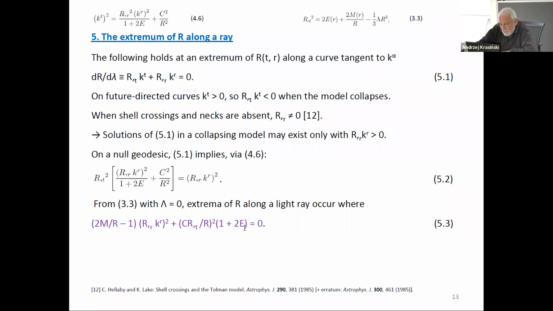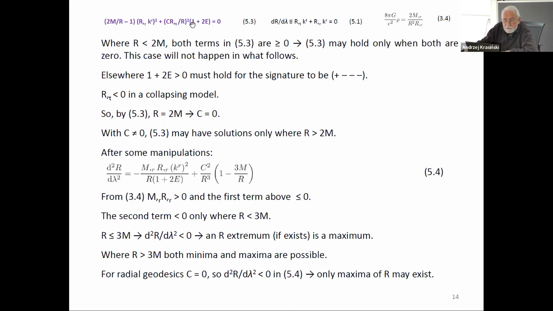along a light ray. Okay, here is this equation. So you can see that when r is smaller than 2m, then both terms in this equation are non-negative. So this equation may hold in this region only when both terms are 0. Now this case will not happen in what follows, so I don't want to discuss it, but there are some interesting details hidden here.